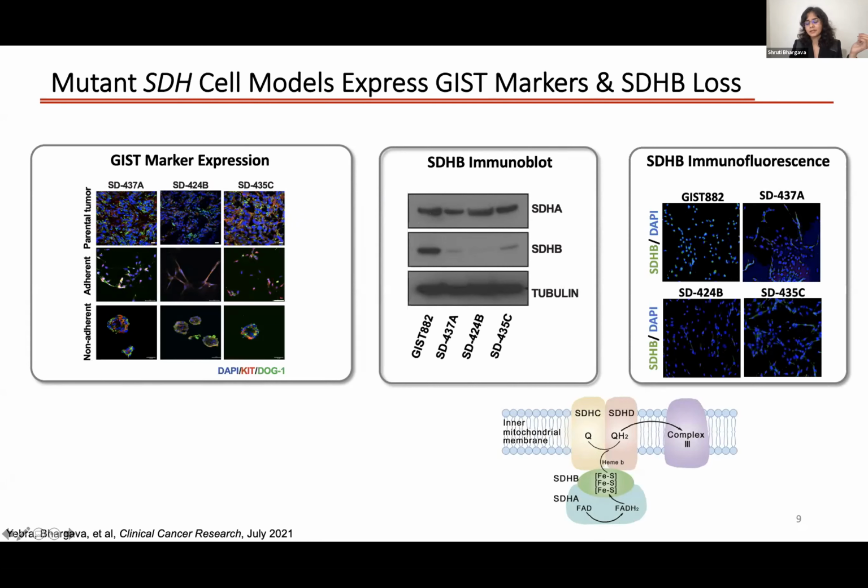We see a replicated result in the immunofluorescence assays as well, where the green staining, which is the SDH-B protein, is lost in the cellular models that we have established as compared to a KIT-mutated GIST cell line.